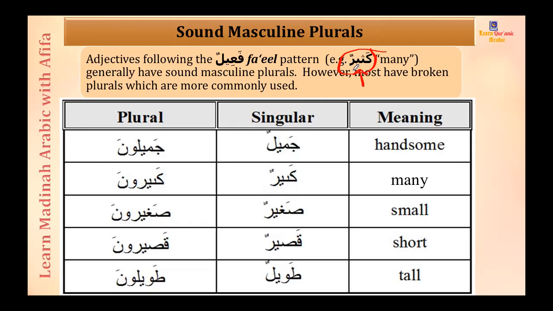See, all of these have the same pattern. Kathirun, jamilun, kabirun, saghirun, qasirun, tawilun. So these are all adjectives. And the plural is formed in a similar fashion that we have discussed with this prefix.